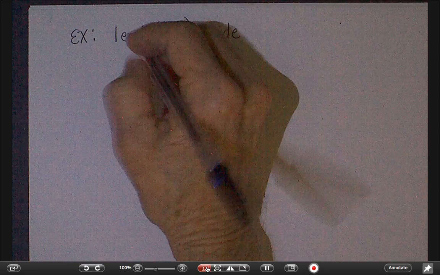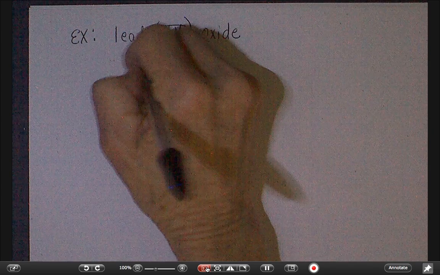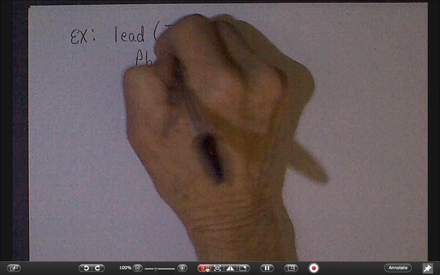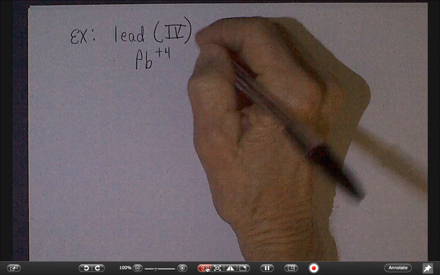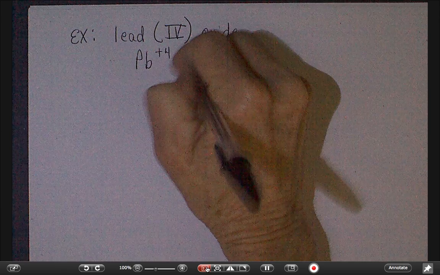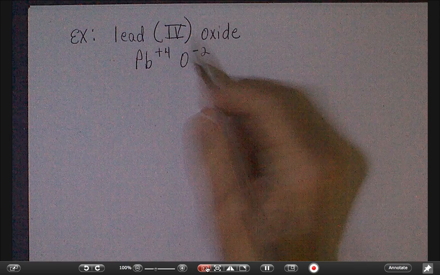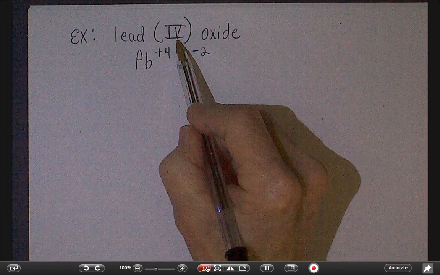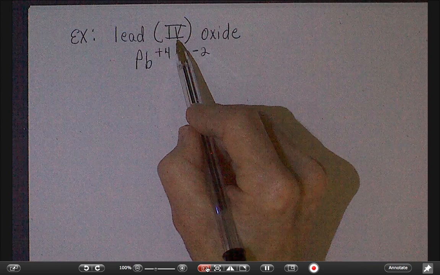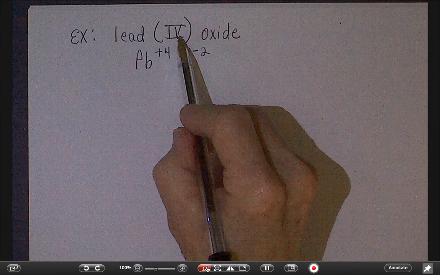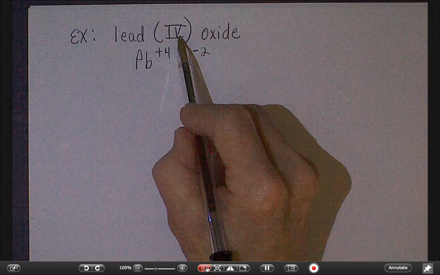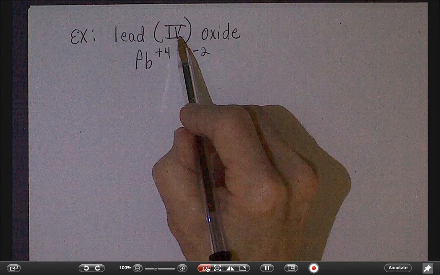That is Pb. We did that on the other page. Pb4, O minus 2. Where'd I get the 4? The Pb, it's the plus 4. This right here told me the charge of Pb in this compound. Does everybody understand?